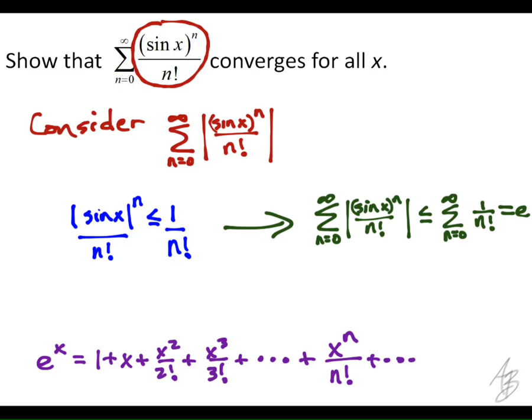So since the absolute series here is term by term less than or equal to the e to the first series here, then what do I know about this series? It converges. Why? So we're going to write out our reasoning here. This is important that we're able to explain why things are true.